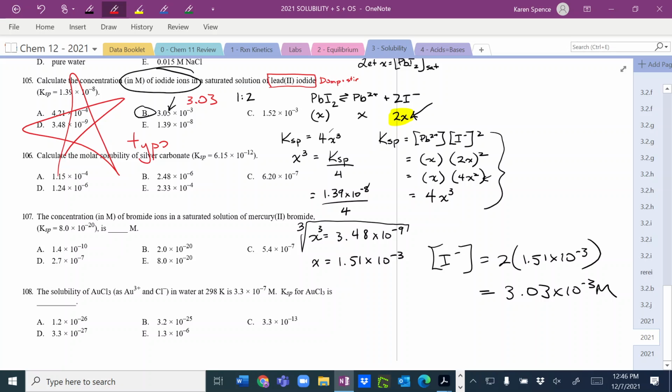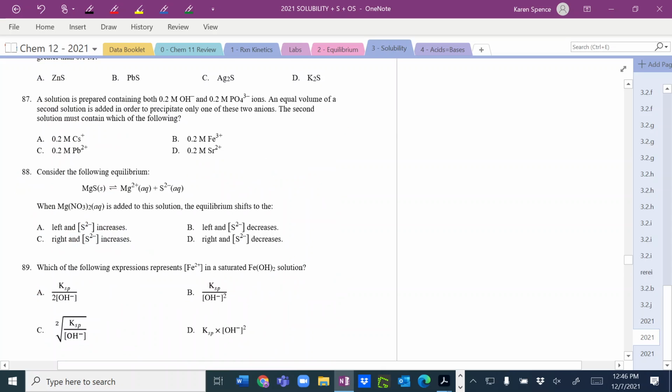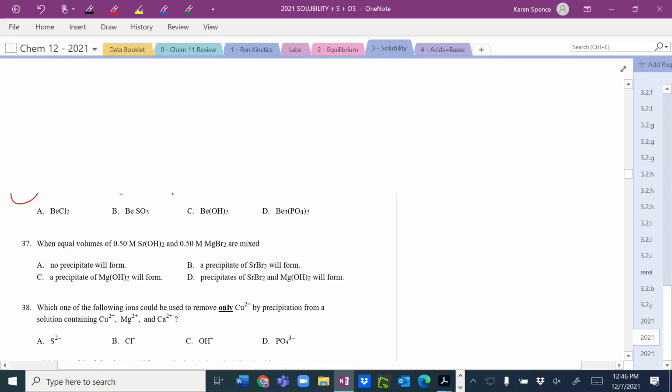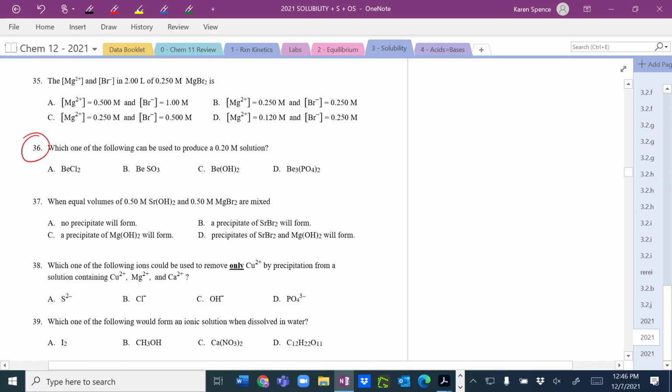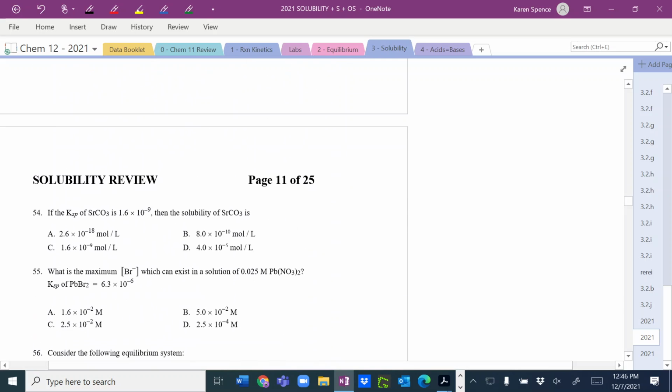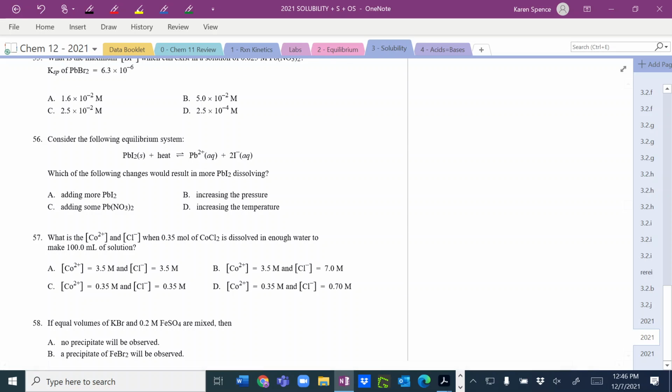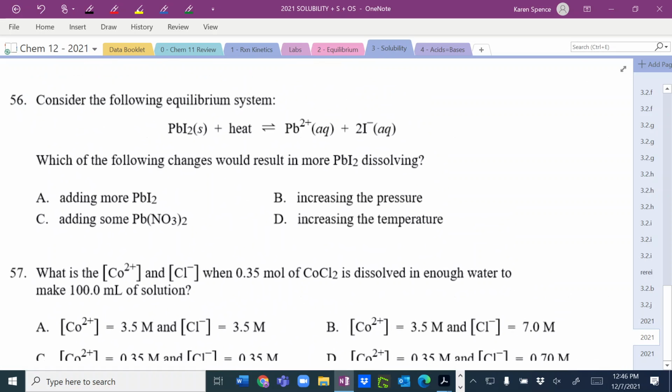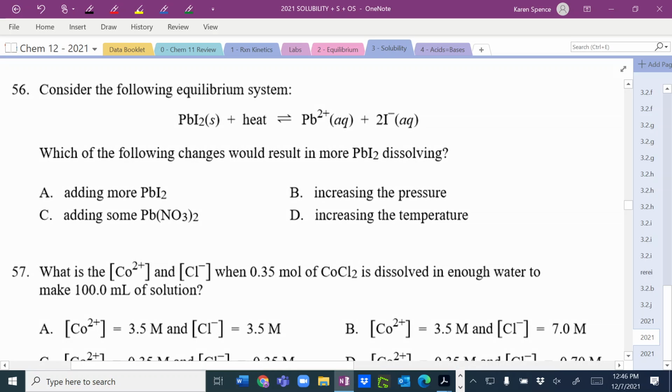Anything else? Yes. Consider the following equilibrium system, which would result in more lead iodide dissolving. What if we added more lead iodide?